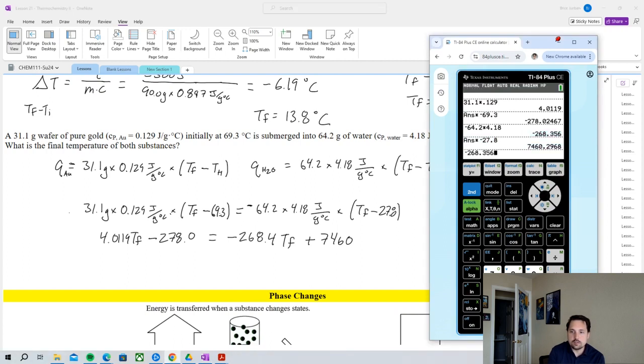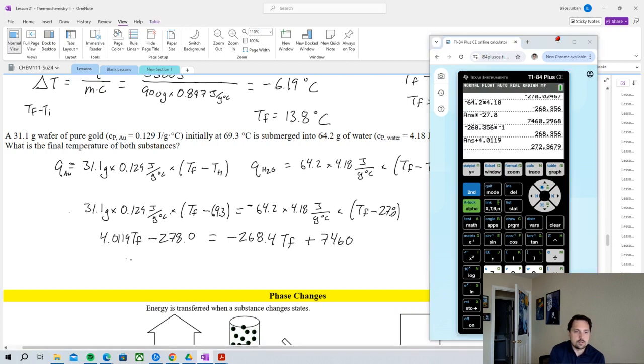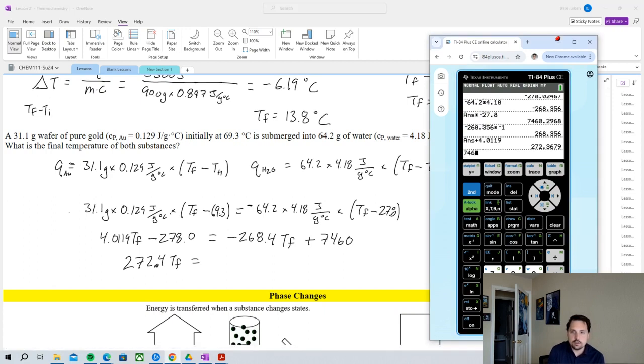So this number, positive plus 4. Okay, so we have 272.4 TF equals, and then I'll move this other value to the other side.